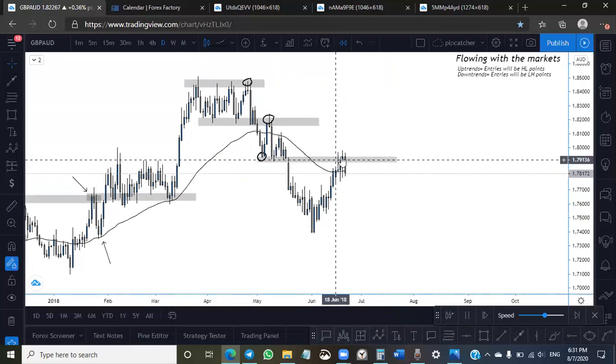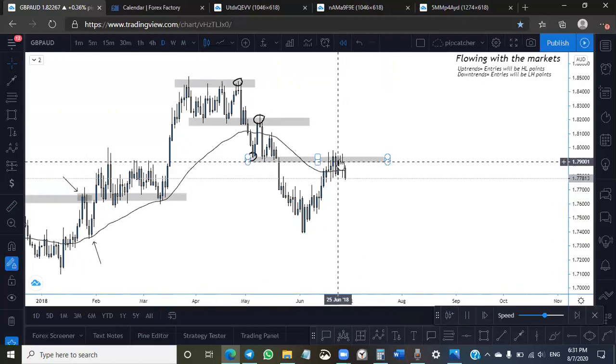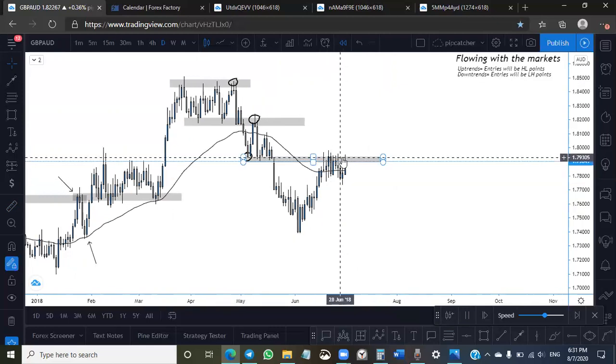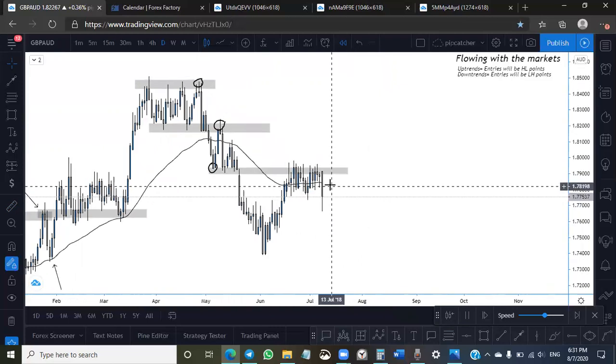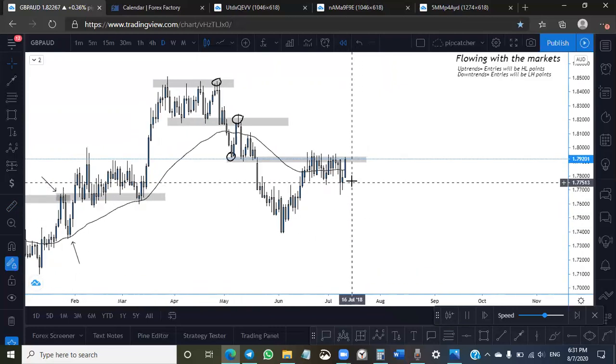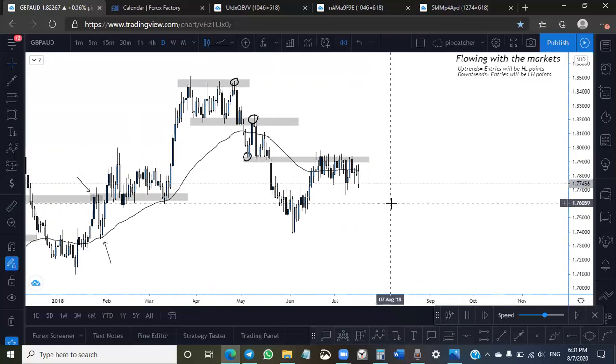So I would be selling right here up in this zone right here. I would be going for sells right now. And let's see where this goes and what happens.